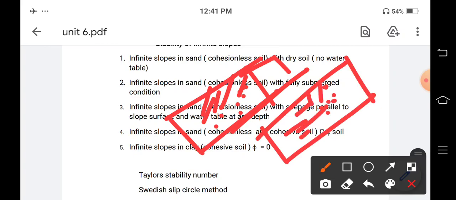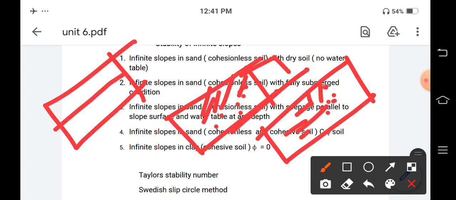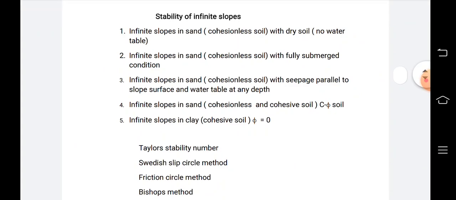In the third case, the water table is at some depth, and this inclined surface is filled with soil. This is called partially submerged, or in the language of slope stability, we can call it seepage parallel to the slope with the water table at any depth.